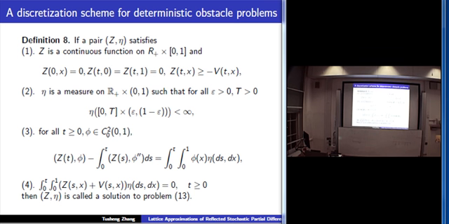Again, we apply a test function. This also means the measure only acts when the solution hits the barrier. The barrier is minus V, it's not V.